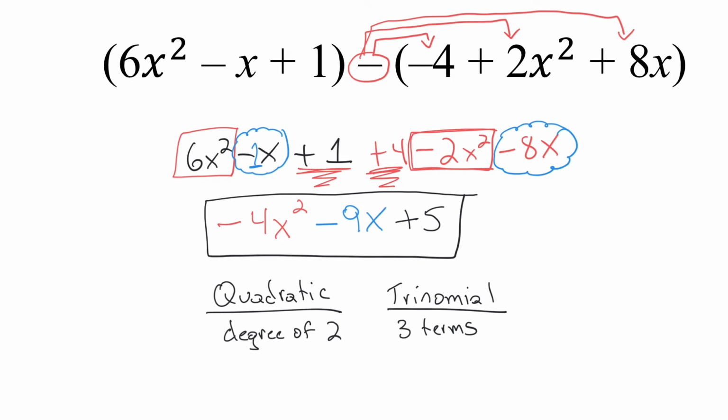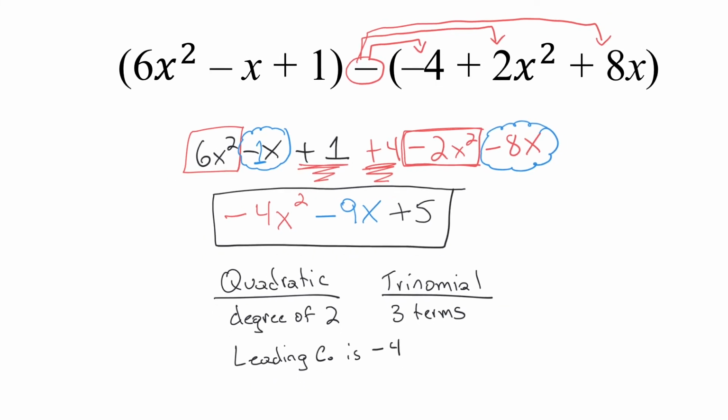Something else you also need to know is the leading coefficient. The leading coefficient is the coefficient, or the number, that has the variable with the highest exponent. So this term squared is the highest exponent, but the leading coefficient is the number in front of the variable: negative 4. So I'm going to put here leading C, for coefficient, is negative 4. Now something else that also helps you is to know the constant, and the constant is the last number with no variable.